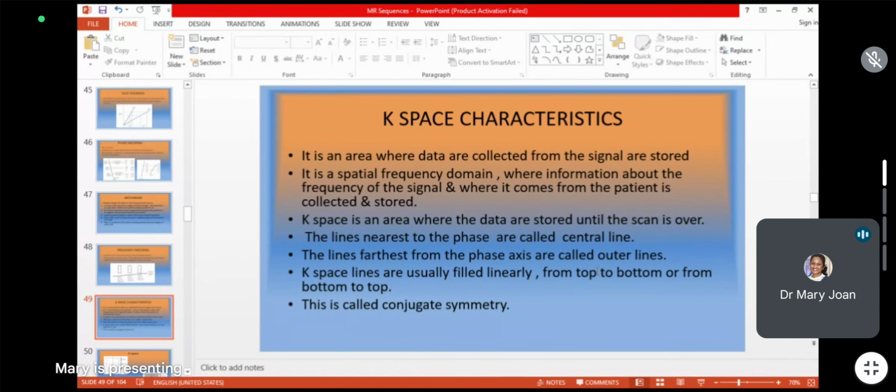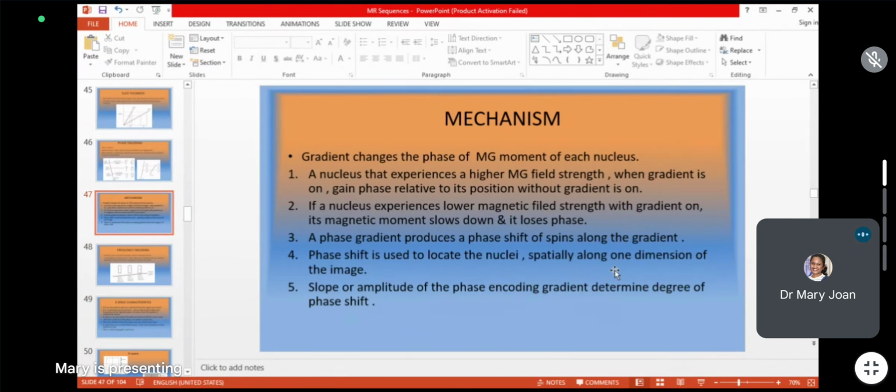The lines nearest to the phase axis are called central lines. The lines farthest from the phase axis are called outer lines. K-space lines are usually filled linearly from top to bottom or from bottom to top. This is called conjugate symmetry. So we have seen this in this picture.